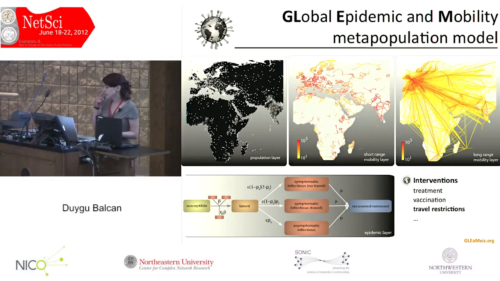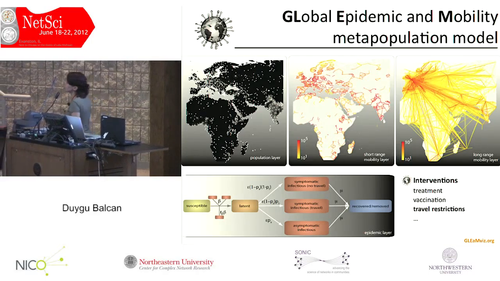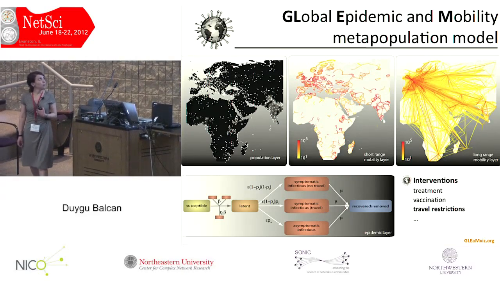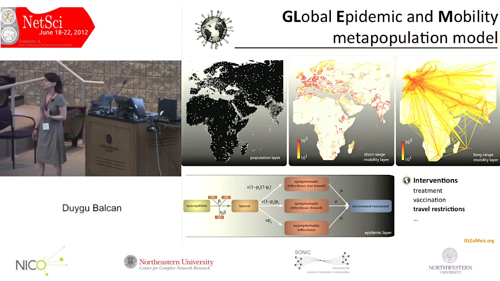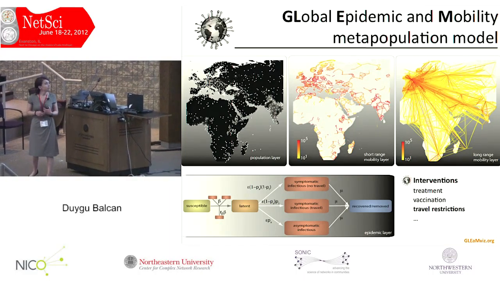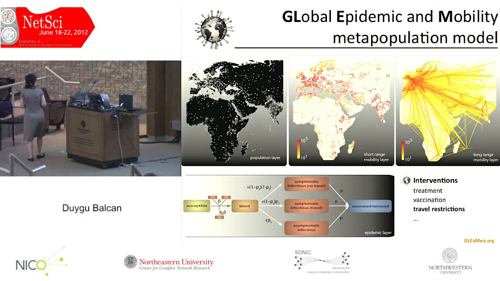The model is called GLEAM, Global Epidemic and Mobility Model. It is based on a reaction diffusion framework in which the world population is divided into census areas that are coupled through movements of individuals among those subpopulations.